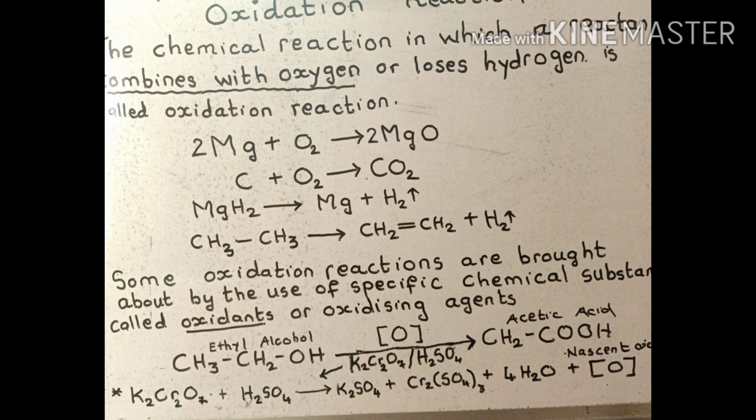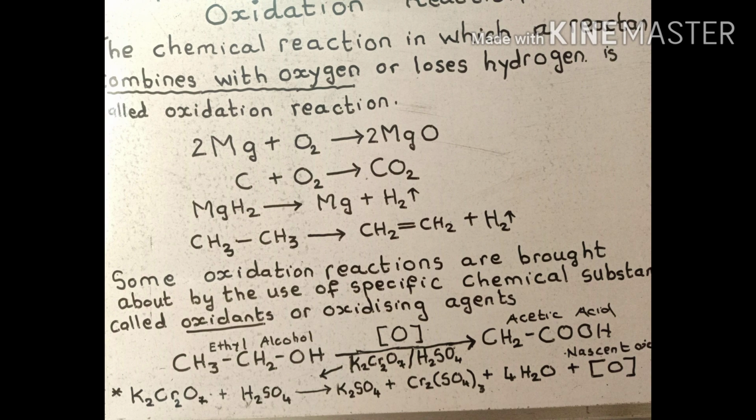Now students, I told you that some oxidation reactions are brought about by the use of specific chemical substances called oxidants or oxidizing agents. There's an example where ethyl alcohol is converted into acetic acid, vinegar. So let's see how the conversion of ethyl alcohol into acetic acid is an oxidation reaction.